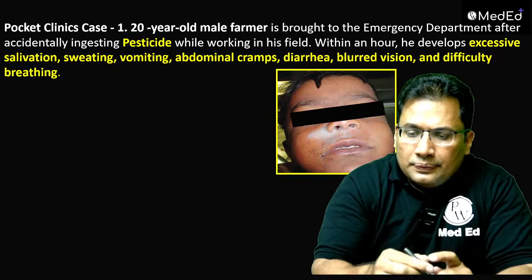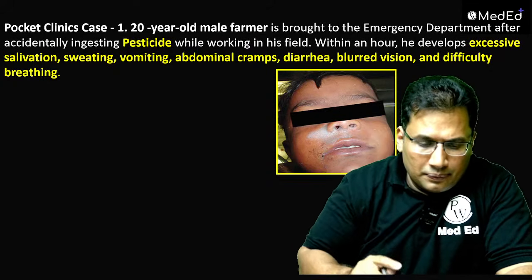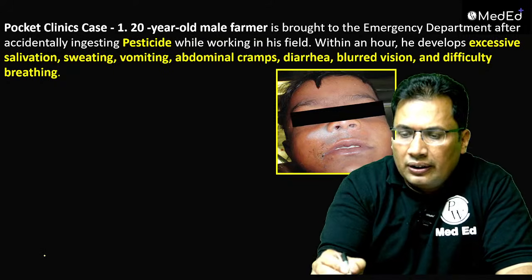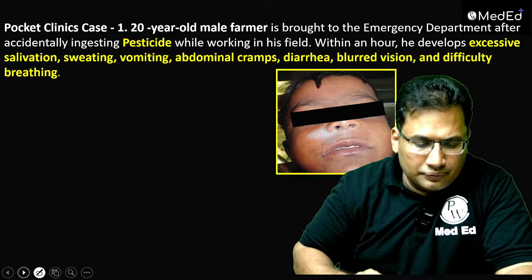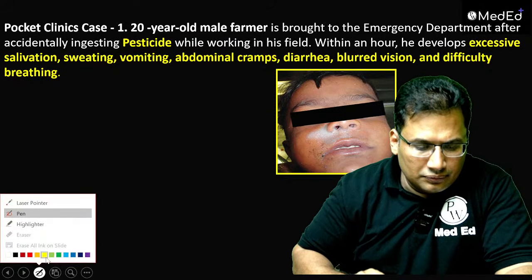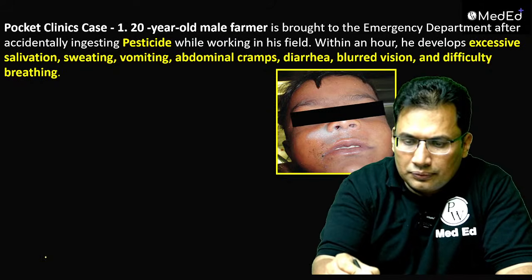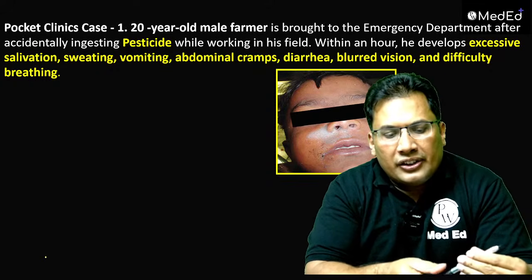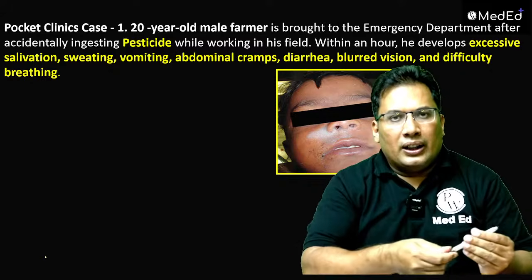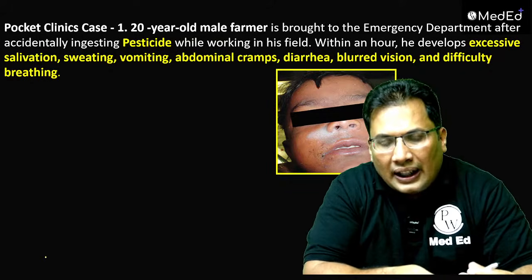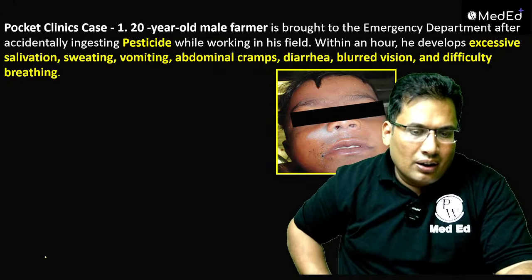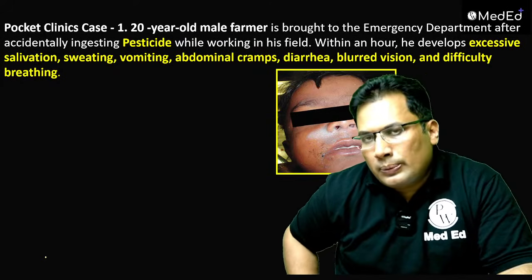Within an hour, he develops excessive salivation, sweating, vomiting, abdominal cramps, diarrhea, blurred vision and difficulty in breathing. So what would be the most probable diagnosis?